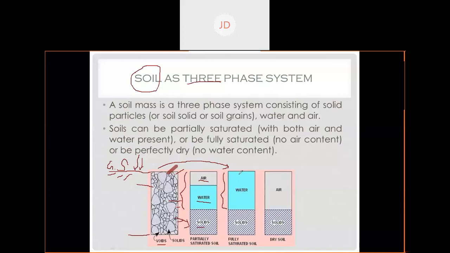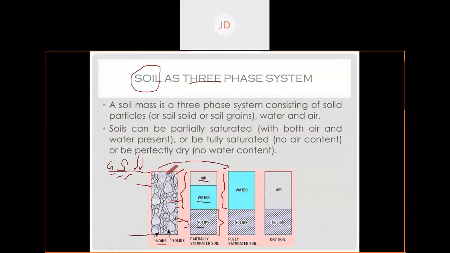Now in the rainy season, as we already discussed, water will penetrate into the soil, then the whole voids will be filled with water only. This diagram is a representation of that scenario. That means the whole voids will be filled with water, but you can see this level remains constant. There is no change.